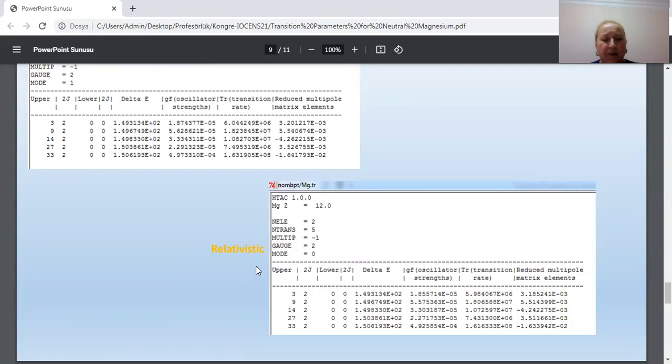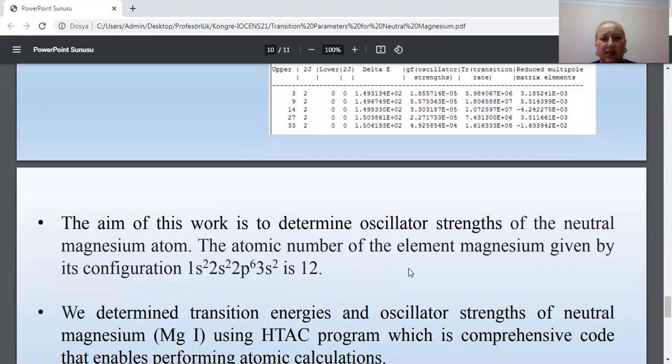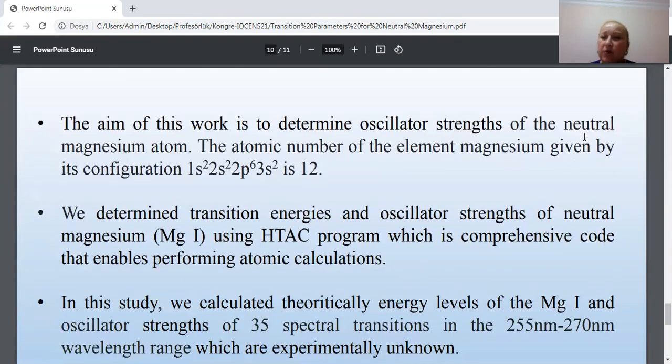We can compare with these results, and the aim of this work is to determine oscillator strengths of the neutral magnesium atom, whose atomic number is 12, with the configuration 1s2, 2s2, 2p6.